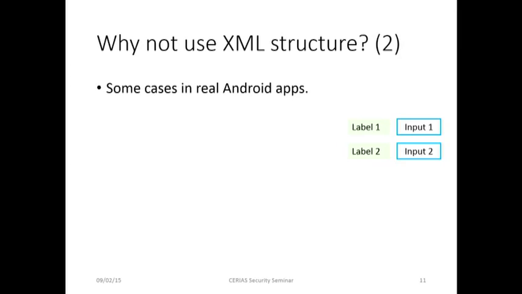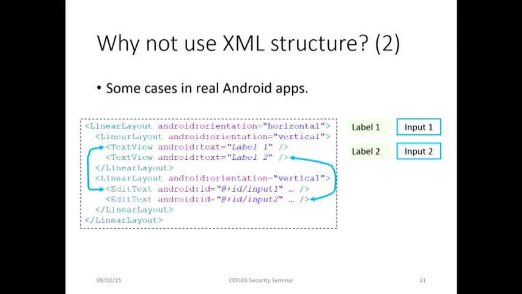But some developers define it like this. They put the two labels together and the two input fields together. In such cases, if we directly use the XML structure or the XML trees, we cannot tell which input fields are correlated to which text labels.